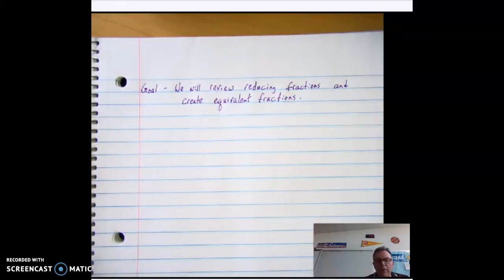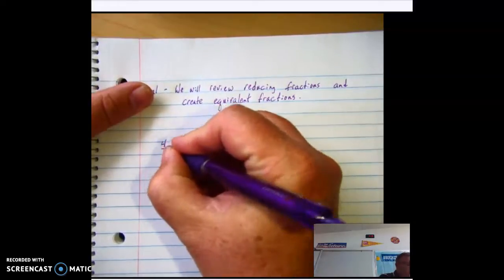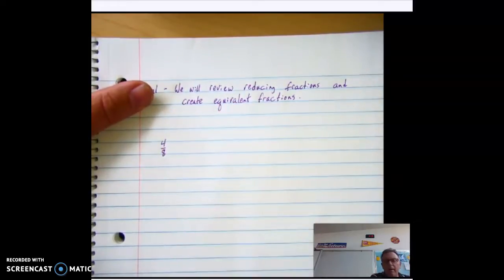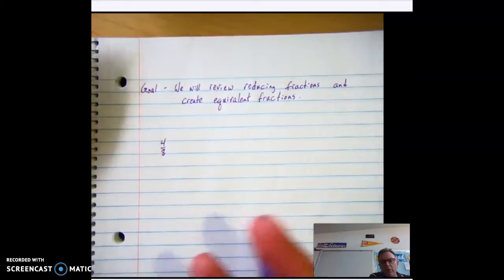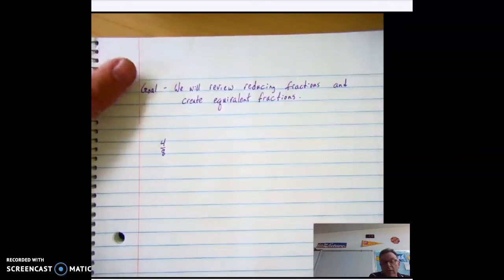Okay, the good news is that we've reduced fractions for years. So there are a couple different strategies we can do to make fractions as small as possible. So if I gave you an easy fraction, like 4/8, it's a fraction, but is it reduced as small as it can be? So one thing we can do is we can look for factors.